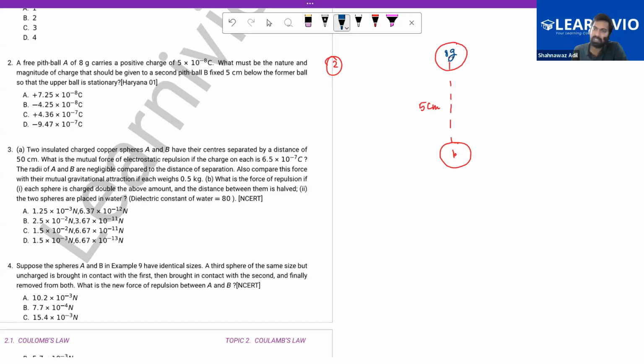If this thing is in the air, then what is the force which is acting on this thing? Forget about this charge as of now.